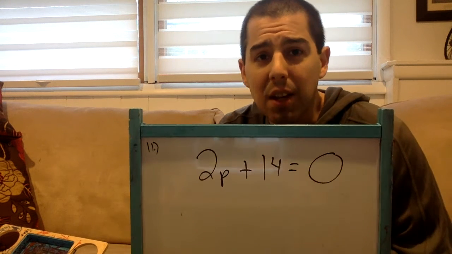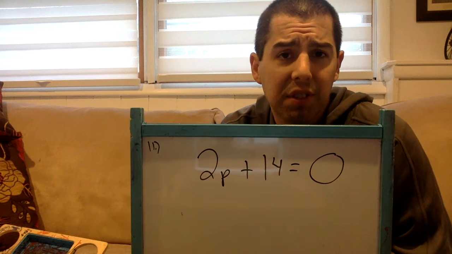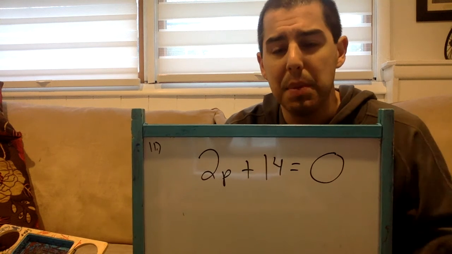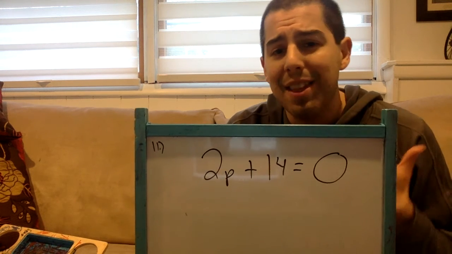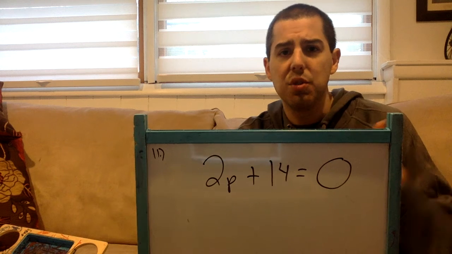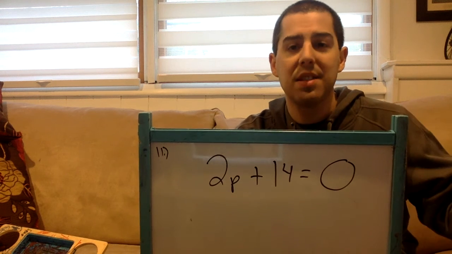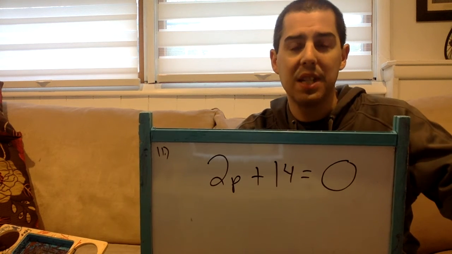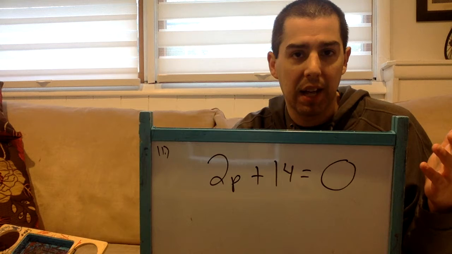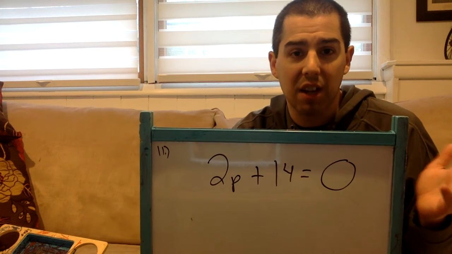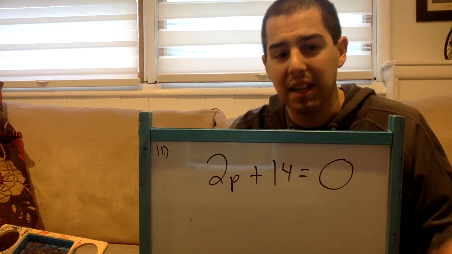You should be thinking, well, we know p has to be a negative. We know p has to be a negative because if p was a positive number, there's no way that I could do 2 multiplied by a positive number plus 14 and end up at 0. Okay? And mathematically, you just can't get there. So p has to be a negative.